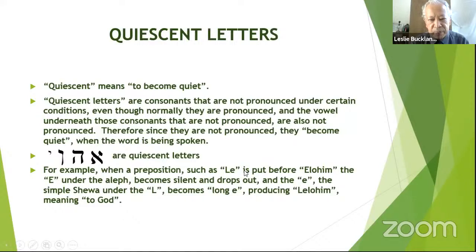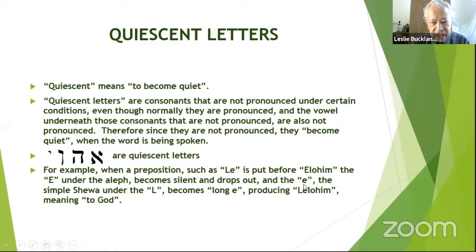over the other. If this preposition is put before the Hebrew word Elohim, then the E under the Aleph becomes silent and drops out. That is, it disappears. It is not there anymore.